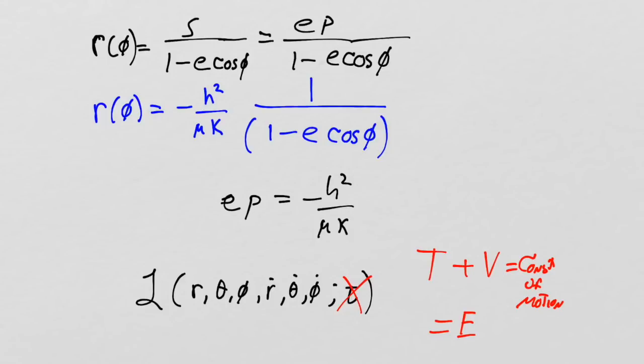Now generally we call that the total energy, and in this case it is the total energy. There is some possibility that T plus V will be a constant of the motion, but it won't actually represent the total energy. I think we discussed this in our previous lecture. That would happen if I took these generalized coordinates, r, theta, and phi, and related them to some inertial coordinates, say x, y, z.